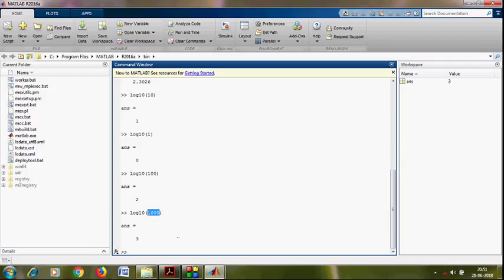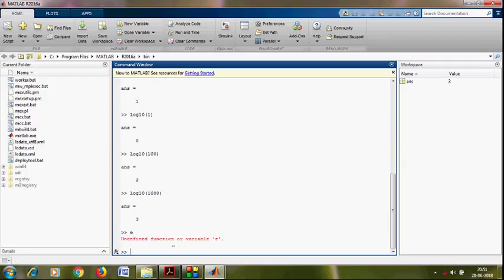So if you are working with natural log, go for log. Okay, if you want to know what is e, it's not defined. If I say exp of 1, this is what e is.